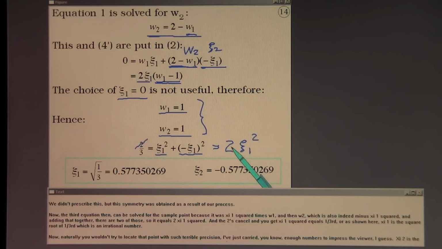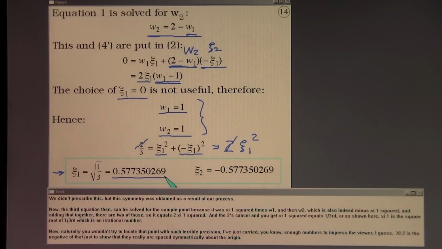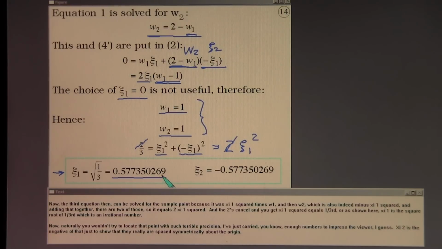Then the 2's cancel, and you get C1 squared equals 1/3. Or, as shown here, C1 is the square root of 1/3, which is an irrational number. Now, naturally, you wouldn't try to locate that point with such terrible precision. I've just carried enough numbers to impress the viewer, I guess. C2 is the negative of that, just to show that they really are spaced symmetrically about the origin.